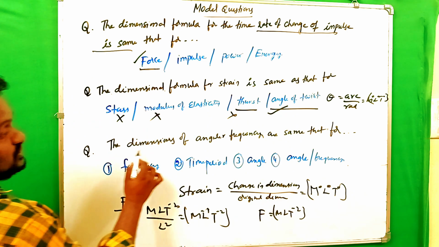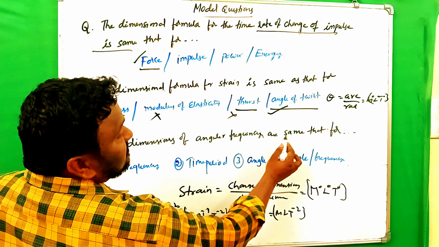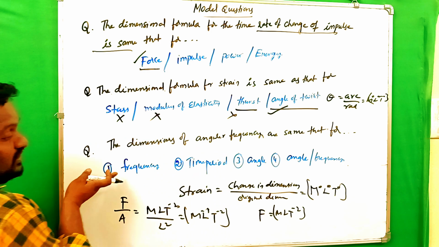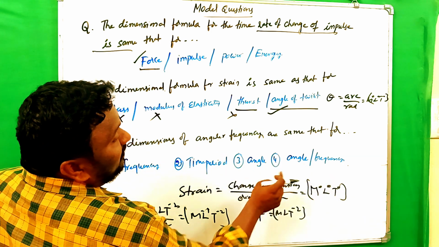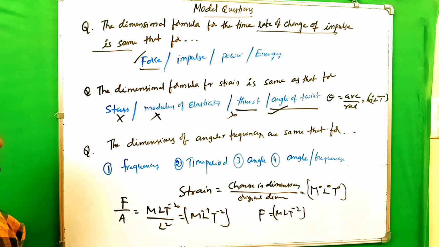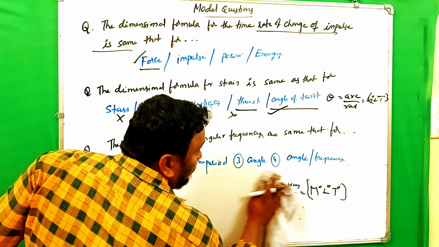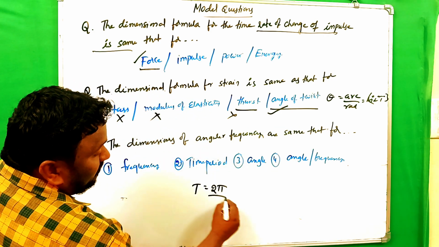Next, the dimension of angular frequency. The dimensions of angular frequency are the same as that of which of these? The options are frequency, time period, angle, or angle by frequency. Clear. Already we know that the time period T is equal to 2 pi by omega.